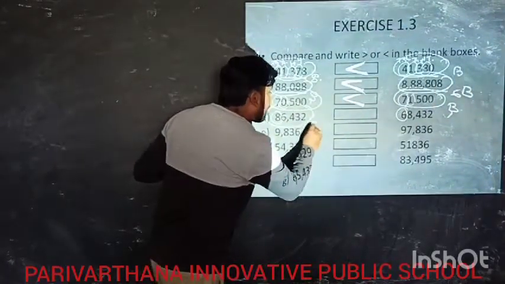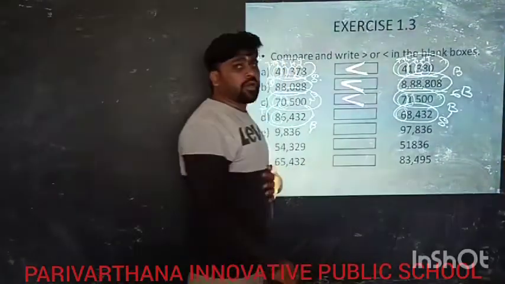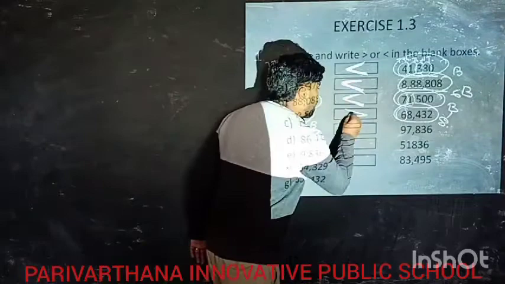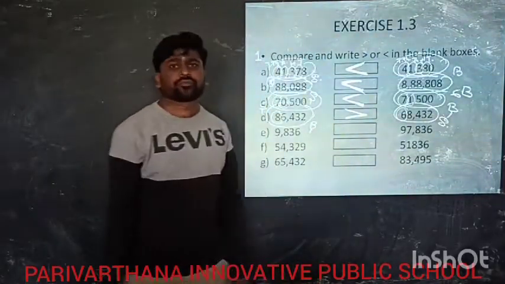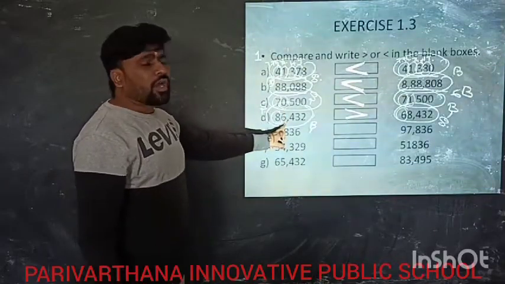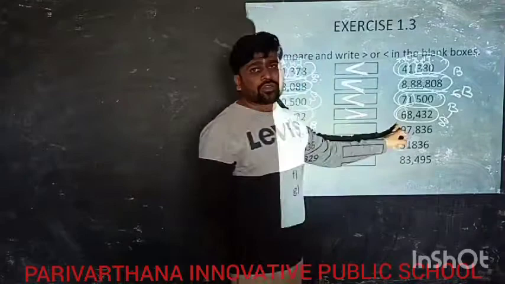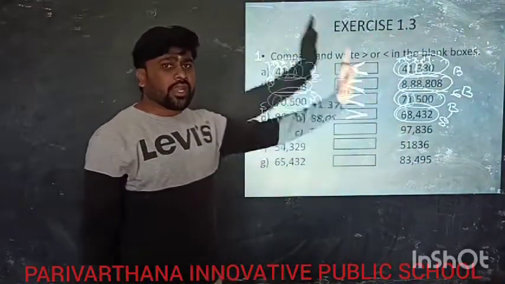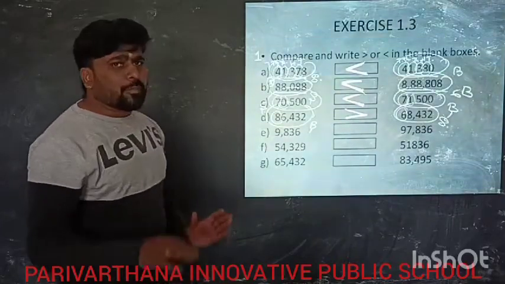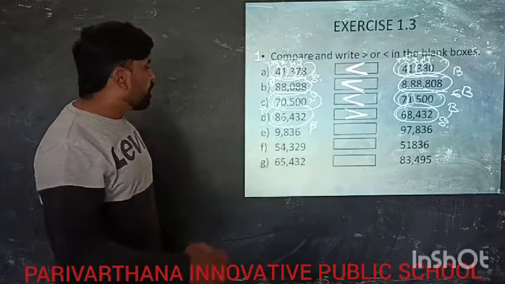Therefore this is the big number and this one is the small number. The arrow mark points towards the small number. This time the answer is like this. Clear? How to read it out? 86,432 is greater than 68,432. Understood? Like that we observe, and we can easily compare between two numbers.